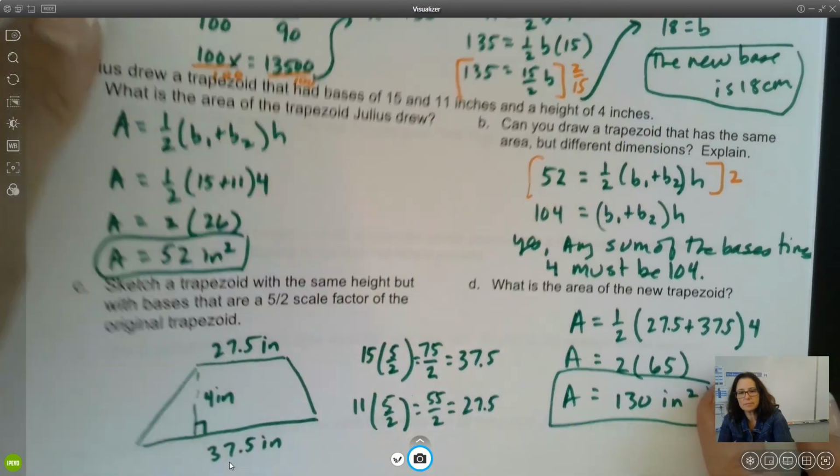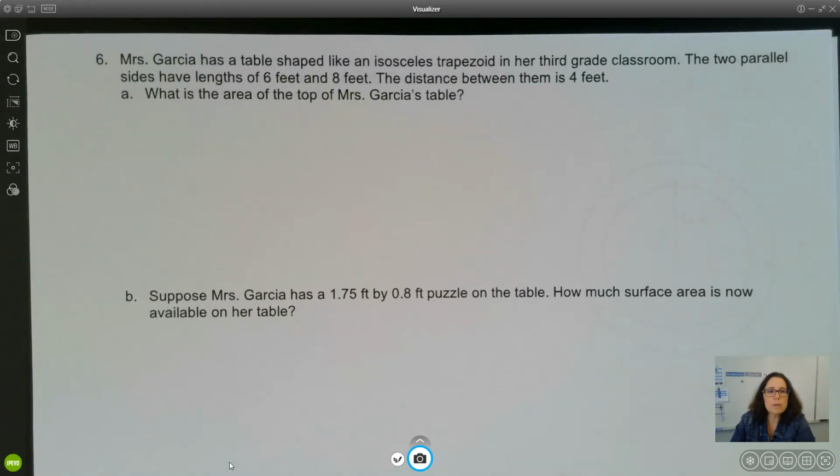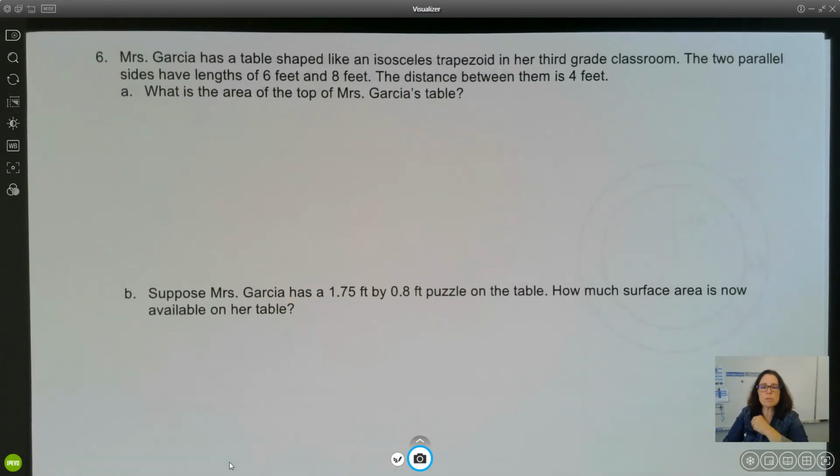Mrs. Garcia. These are tough. These are hard problems. All right, Mrs. Garcia has a table shaped like an isosceles trapezoid. Okay, isosceles trapezoid means the two sides are equal in measure. The two sides are in her third grade classroom. The two parallel sides have lengths 6 feet and 8 feet.